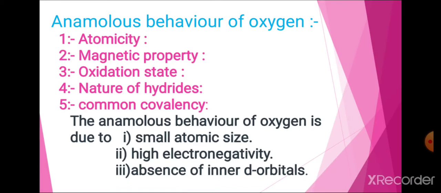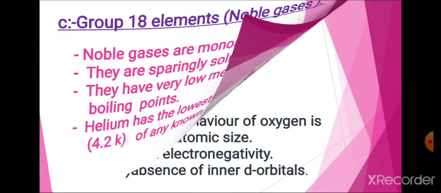Oxygen has 2 unpaired electrons in its antibonding molecular orbitals. Paramagnetic means attracted by an external magnetic field, while diamagnetic substances are repelled by an external magnetic field. Then next property is oxidation states.